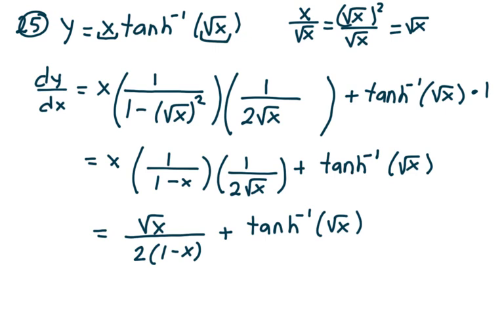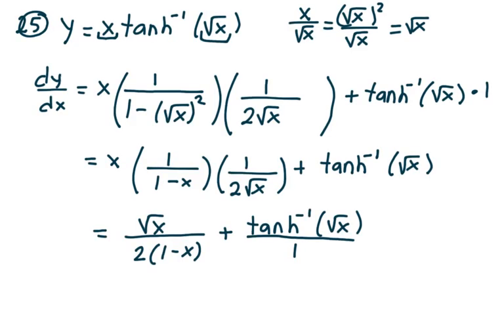Getting a common denominator, I'm going to take the second term and multiply the numerator and denominator by 2 times 1 minus x. So when I do that, I get the following.